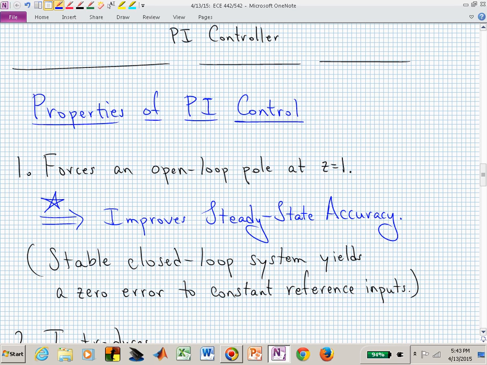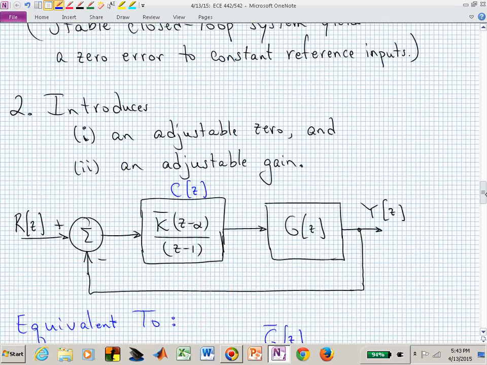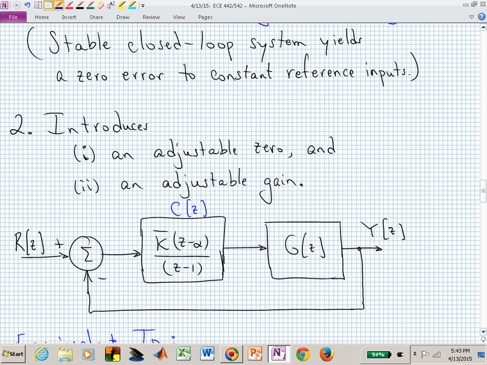And you may be trading off some transient performance for steady state accuracy. That's this trade-off that you always have in a control setting, steady state accuracy versus transient behavior. The second piece that comes into existence with a PI controller is this adjustable 0, that's the alpha, and that's influenced by K sub P and K sub I and the gain K bar.